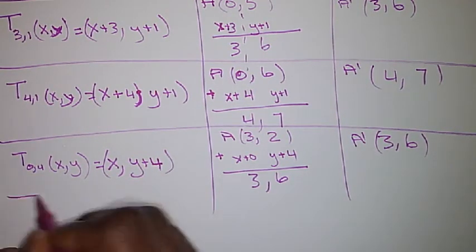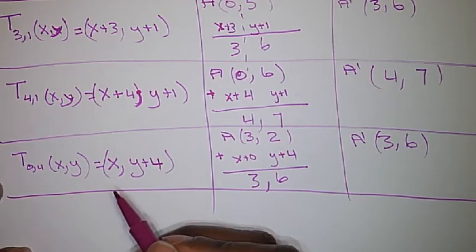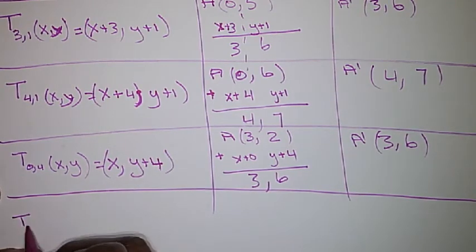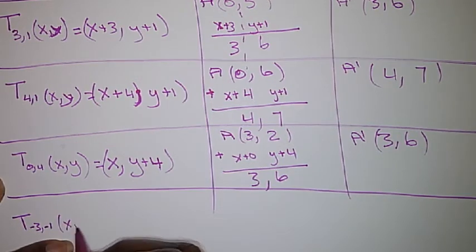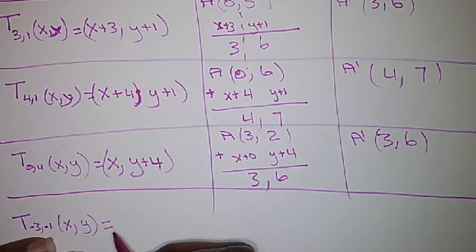All right, let's try one last one with some negative values now. So T, that's my transformation. Sorry, T is translation. -3, -1. I'm going to perform that on my X and Y coordinate.